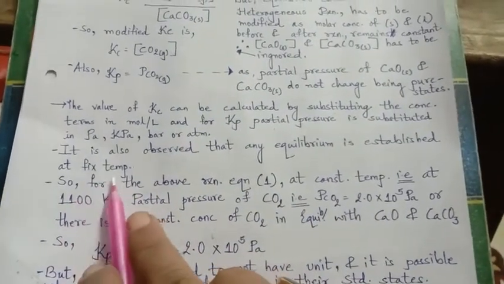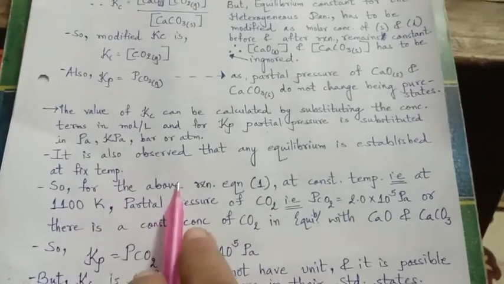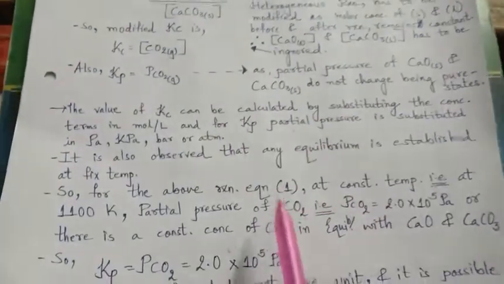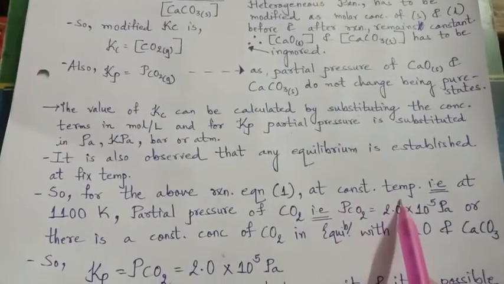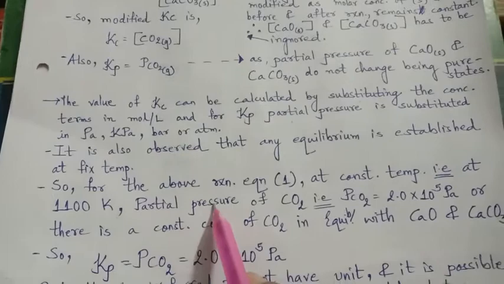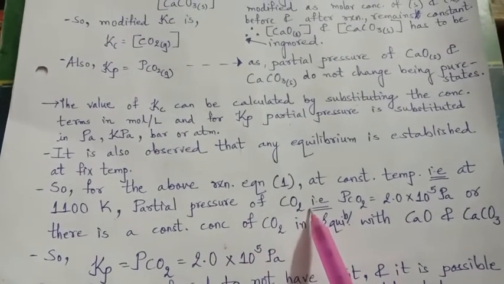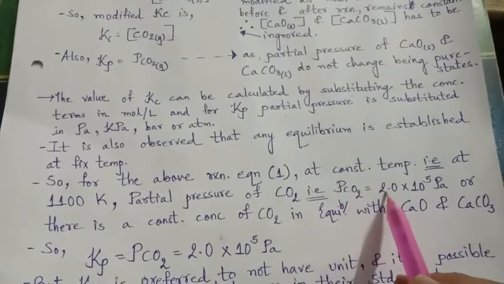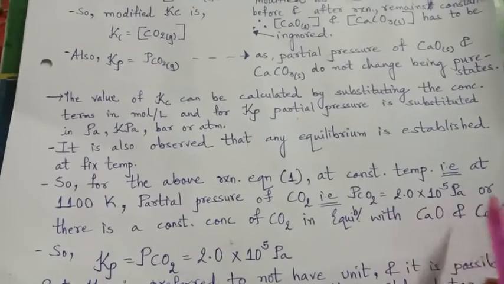For the above reaction of thermal decomposition of calcium carbonate, that is equation 1, at constant temperature, that is at 1100 Kelvin, the partial pressure of CO2 in the gaseous state is 2 into 10 raised to 5 Pascal.